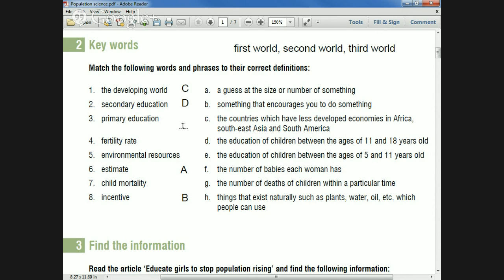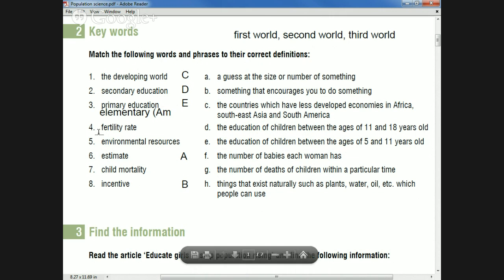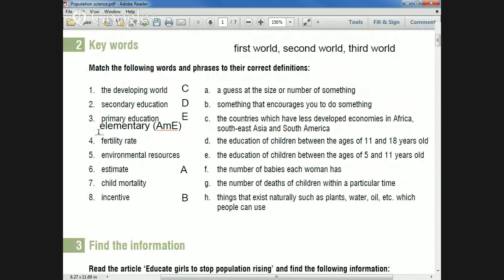The primary education. Okay. Now, since I'm an American, I do need to say, humor me, I'm American. We actually don't use primary in American English. In American English, we say elementary. Elementary. Yeah, but that's just, so primary education is British. Yes.